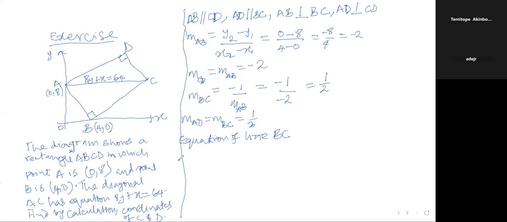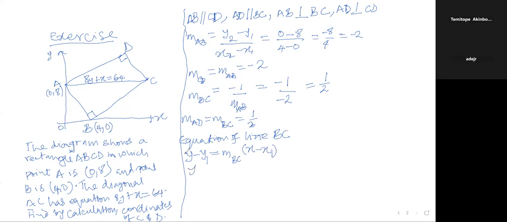So the equation of the line BC will now be y minus y1 equals mBC, that's the slope, times x minus x1.